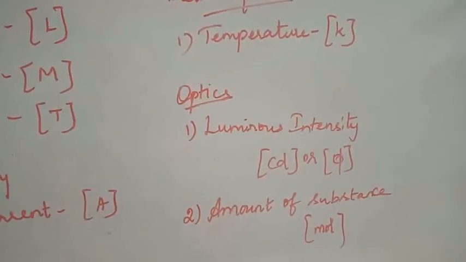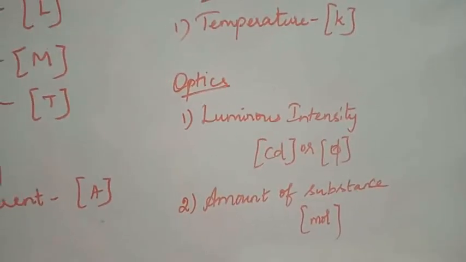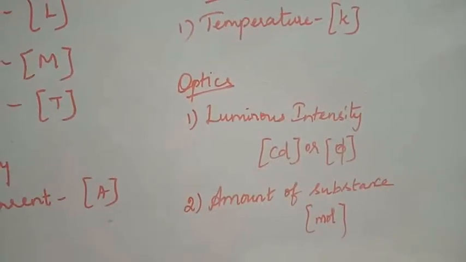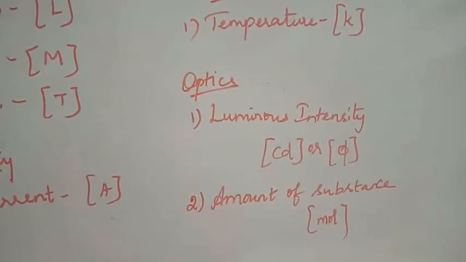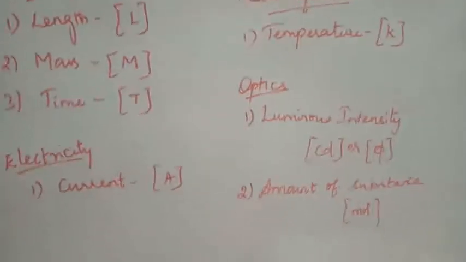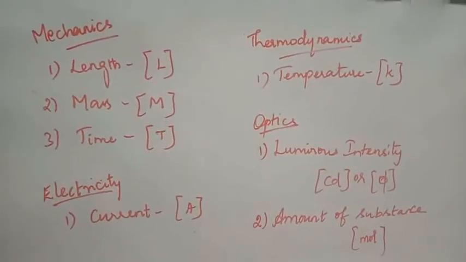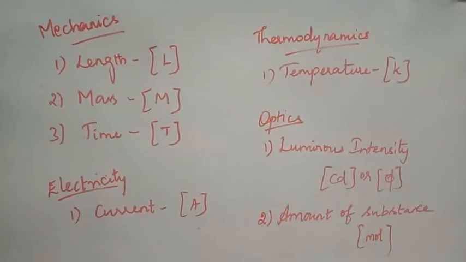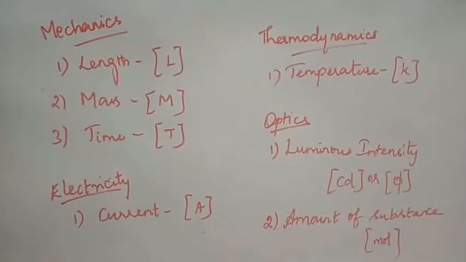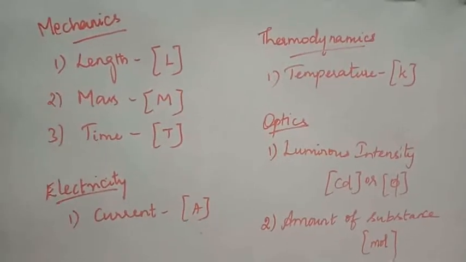And for amount of substance, the dimension is given by its unit mole. So these are the dimension representations of the base or fundamental quantities, from which you can represent the other derived quantities.